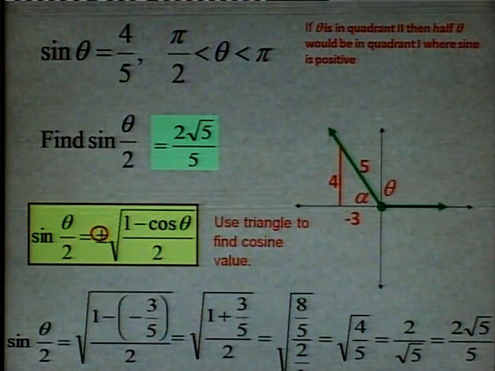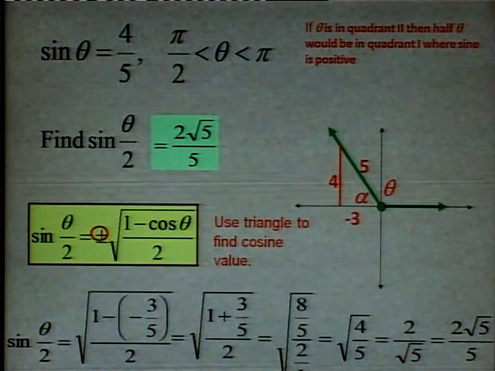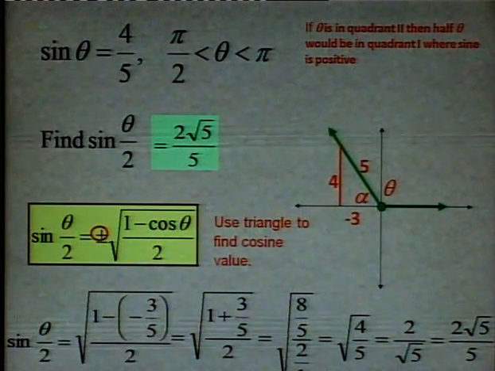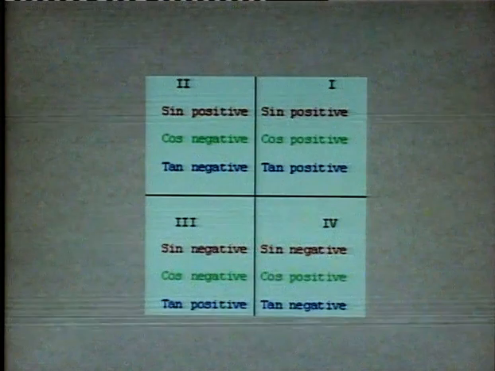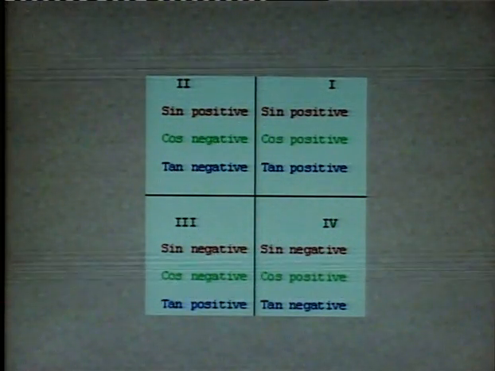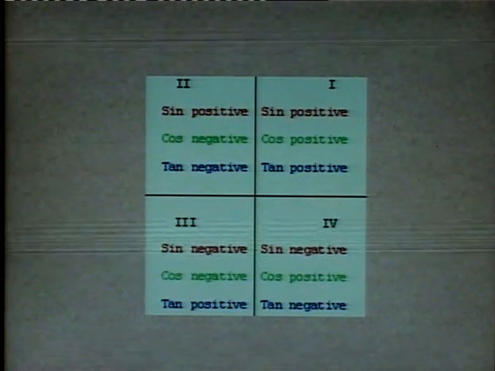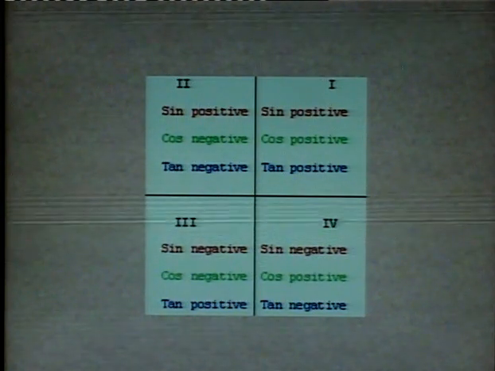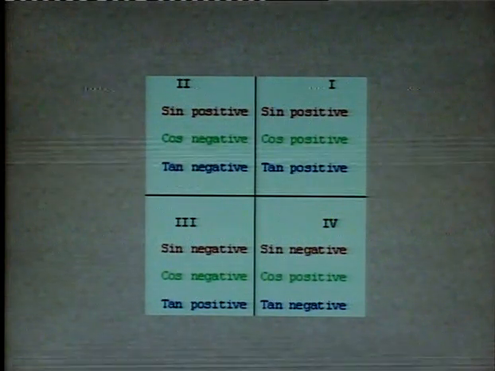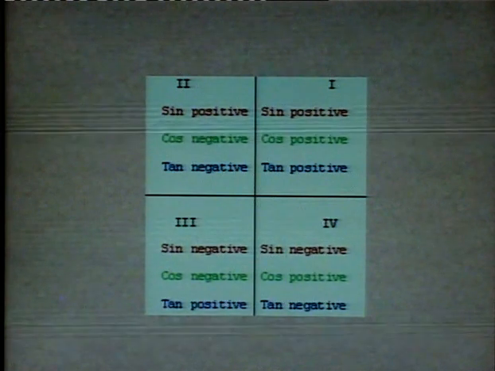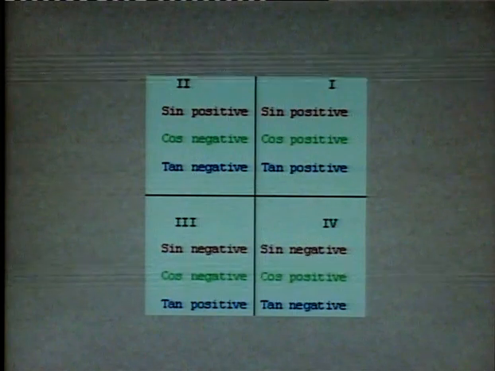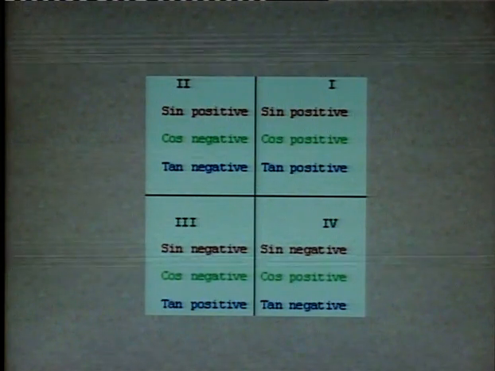So once again I am stressing one thing, that you have to be a bit careful regarding the sign of the expression which you are evaluating, and that is the table which I have given. In the first quadrant sin, cos, tan are all positive. In the second, only sin is positive, cos is negative, tan is negative. In the third, sin and cos both are negative and tangent is positive, and in the fourth, sin is negative, cos is positive and tangent is negative.